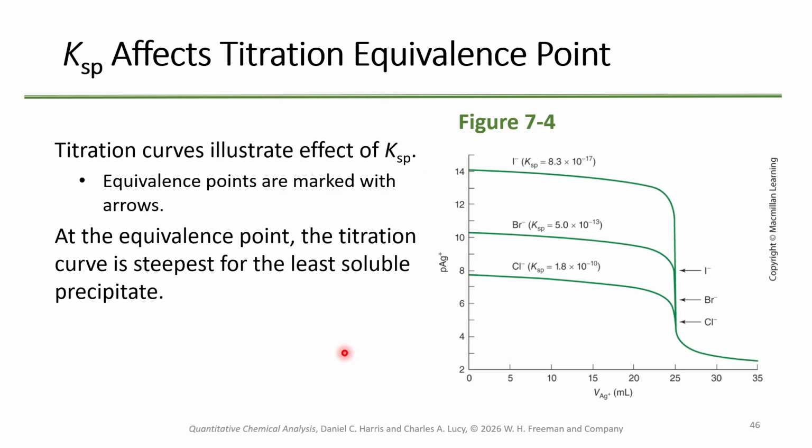Okay, so let's look at how KSP affects this equivalence point right here. So again, our equivalence points here are actually going to be different because our KSP is different. So this is the iodine one right here. This is bromine. This is chloride. Right, see that okay?